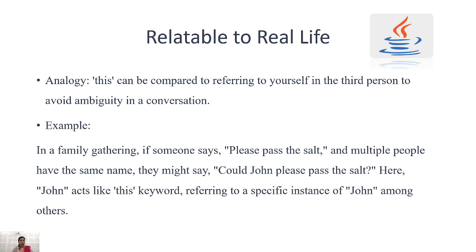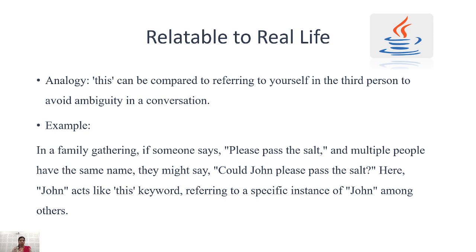You might say, could John please pass the salt? By using the name John, you refer to a specific instance among all the people sitting there. That is similar to the this keyword, right?